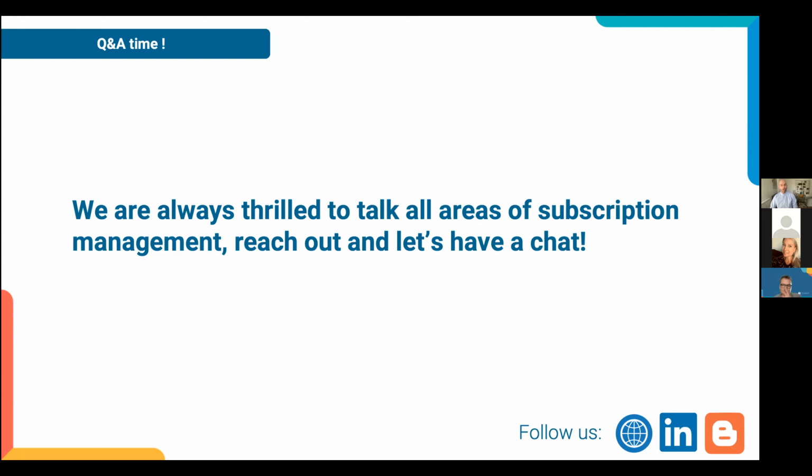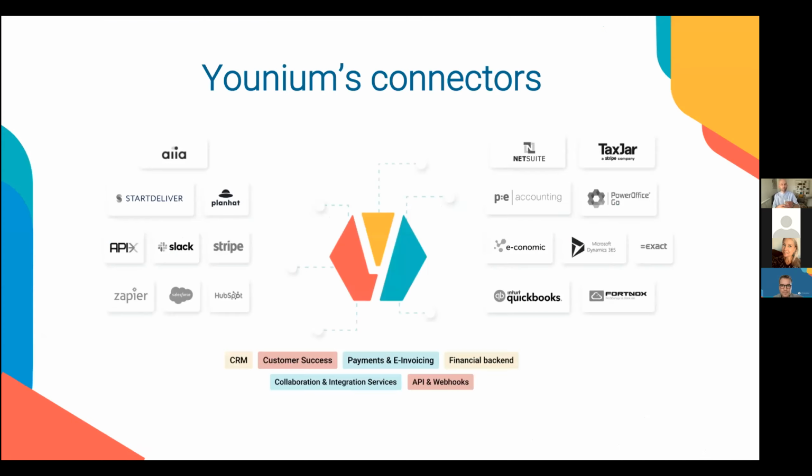One more question, and that one is related to the integration. So what ERPs do you have integrations to? Yeah, so we have integrations to a lot of different types of systems. The two main ones I would say are CRM systems and financial backend, so ERP and financial systems.